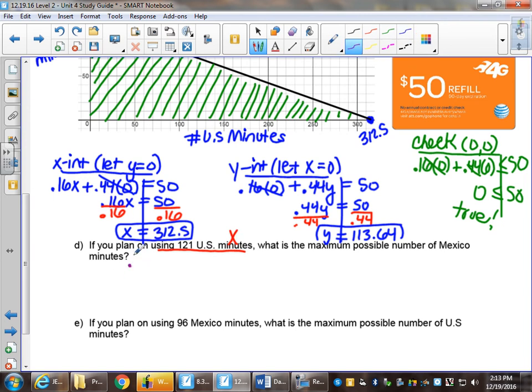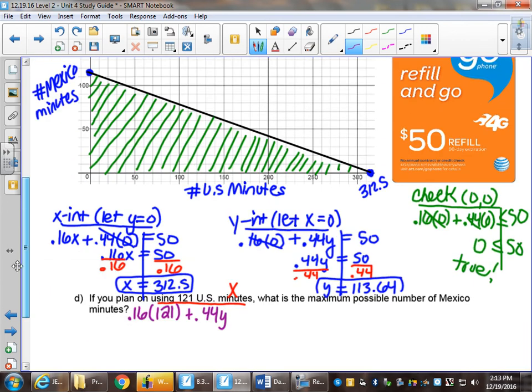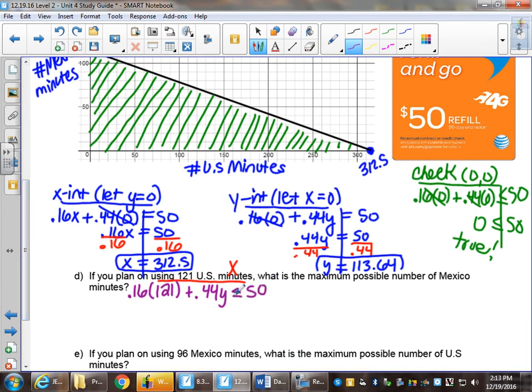I can say 0.16 times 121 plus 0.44y, and I have up to, so less than or equal to 50, and actually solve. So 0.16 times 121, we get 19.36 plus 0.44y less than or equal to 50. Let's subtract 19.36 from both sides.